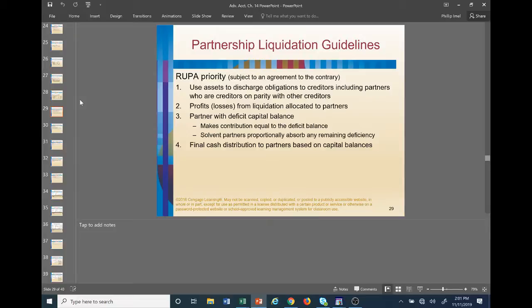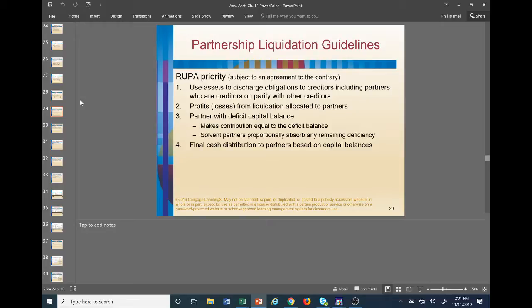A partner with a debit or a deficit capital balance shall make a contribution to the partnership of an amount equal to the debit balance. If the partner is not able to totally eliminate the debit balance, all other partners shall contribute the deficiency in proportion to the manner in which those partners share losses. If a partner contributes more than the proportionate share, he or she may recover the excess from the other partners.